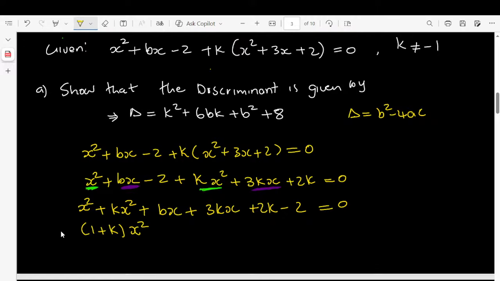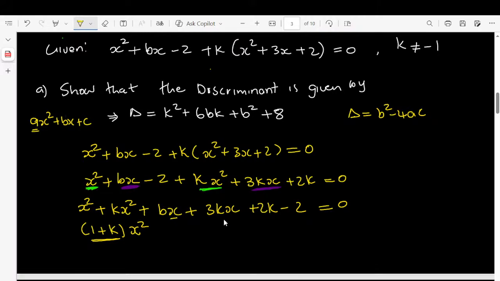Most of the time we put the common factor on this side, but I'm putting it on the other side because we are trying to write this in the form ax squared plus bx plus c. So the value of a should be in front of x squared. 1 plus k is the coefficient of x squared, so the value of a is 1 plus k.